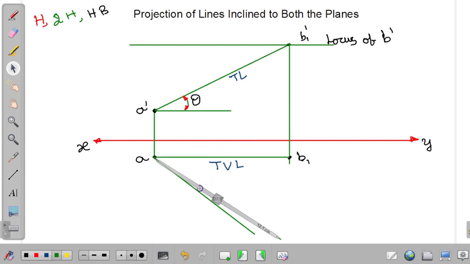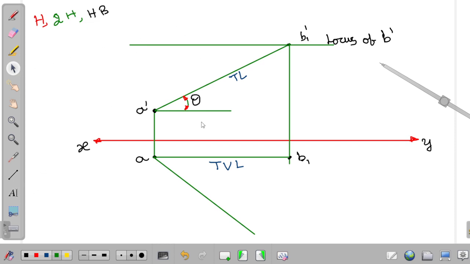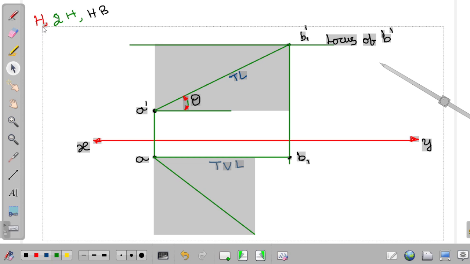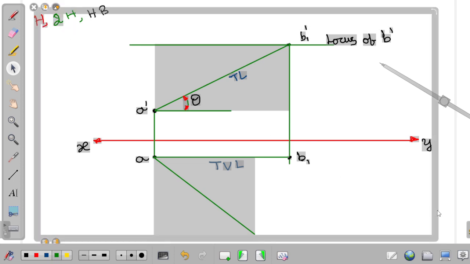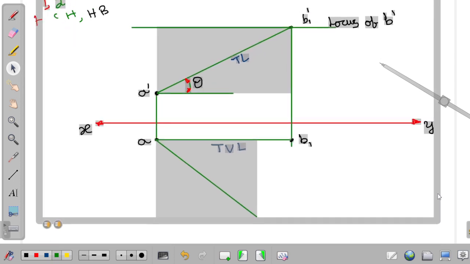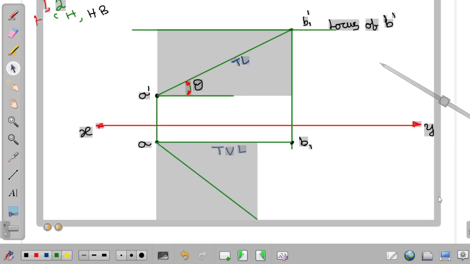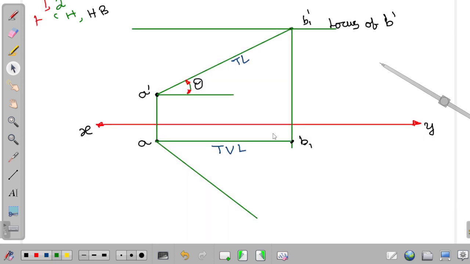So with the true length as radius, we are going to draw the arc. Because of space, it is not going to fit. One second, I will change it. I will move this one a little bit above. Good, now I got it.